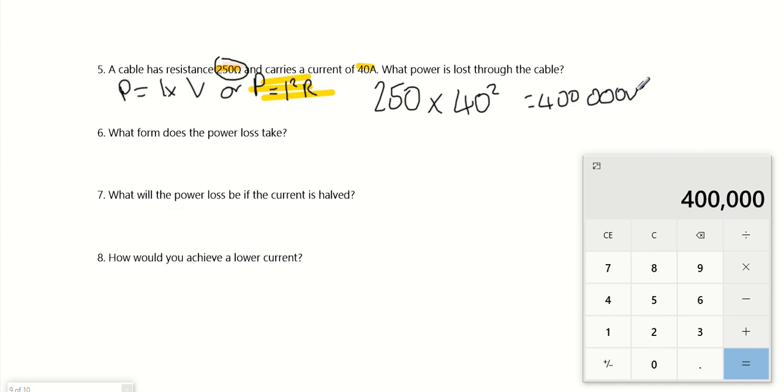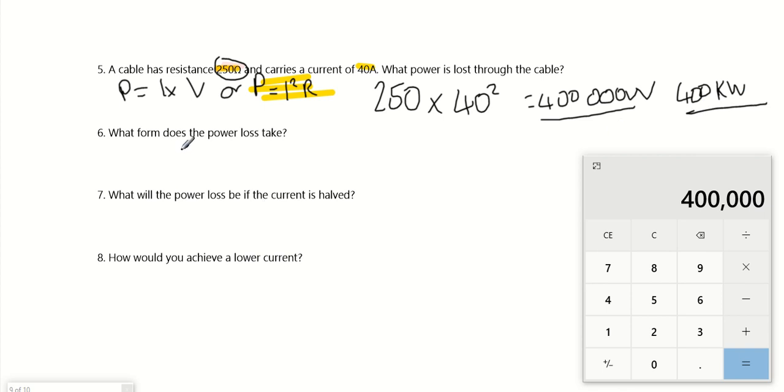Sorry, not volts. We want power, 400,000 watts. So 250 ohms times 40 squared is 400,000 watts, or 400 kilowatts of power.